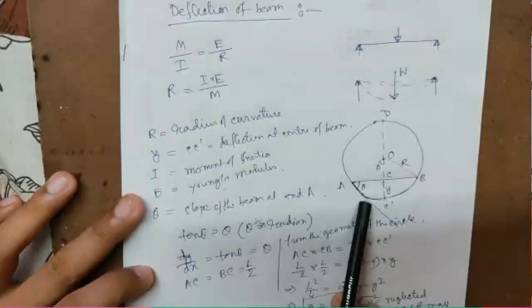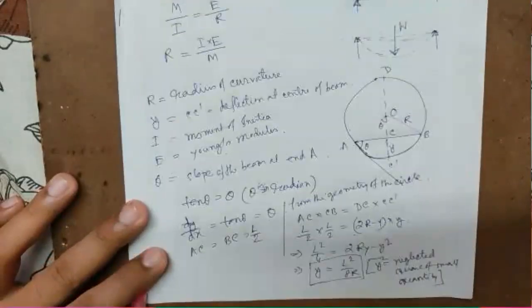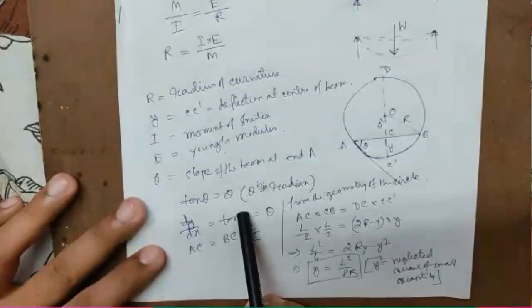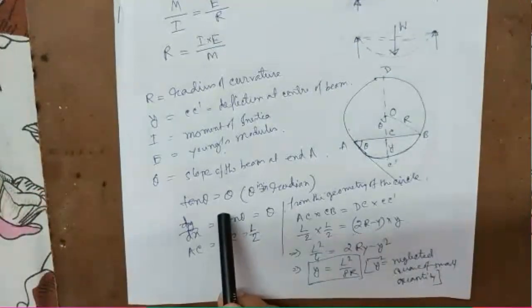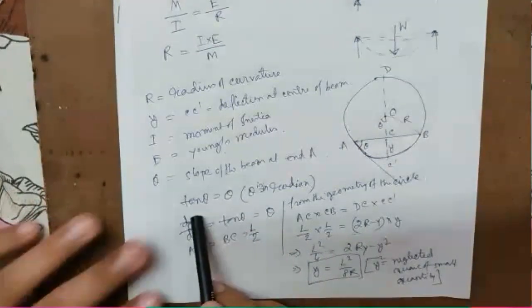Okay. Now in an earlier class we have seen that tan theta, which is very small in practical cases, if expressed in radian, we can write tan theta equal to theta.